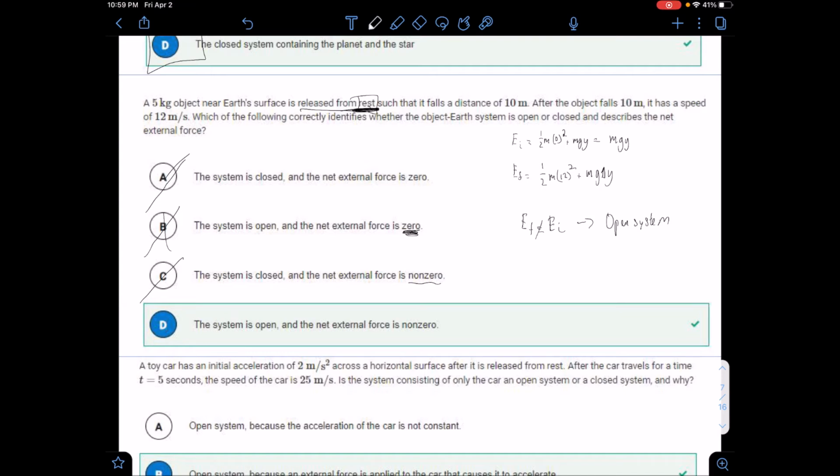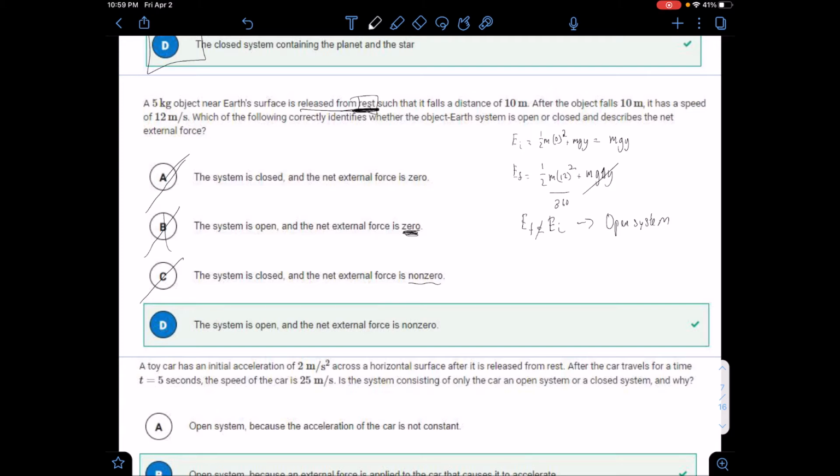If we wanted to figure out the final mechanical energy, we'd have 1/2 mv squared, and we would get 1/2 of 144 is, okay, you know what, we don't need to put that in. I believe it's around 360.